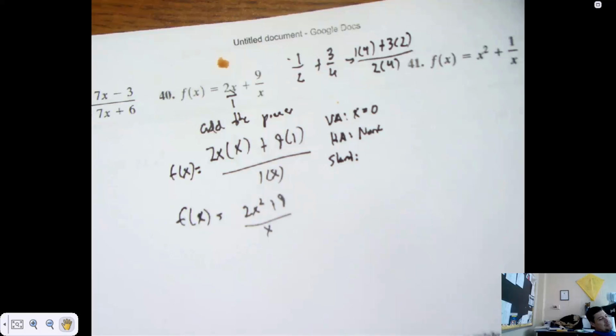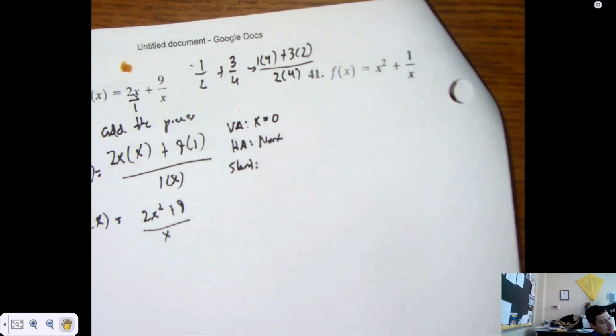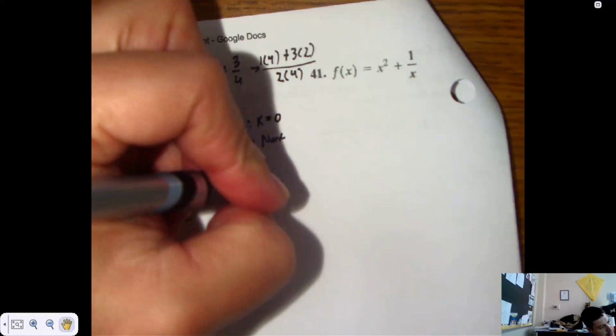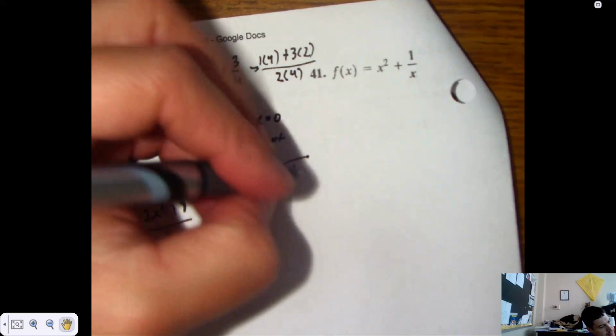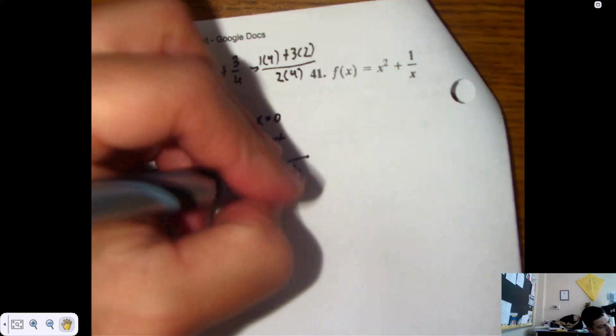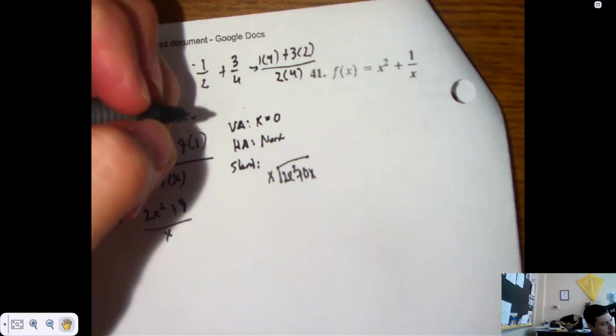It's just memorization. How do you find a slant asymptote? You do long division. And it won't be with one step. I can look at this one and tell you what it is. I'm going to put a placeholder. 2x squared plus 0x plus 9.